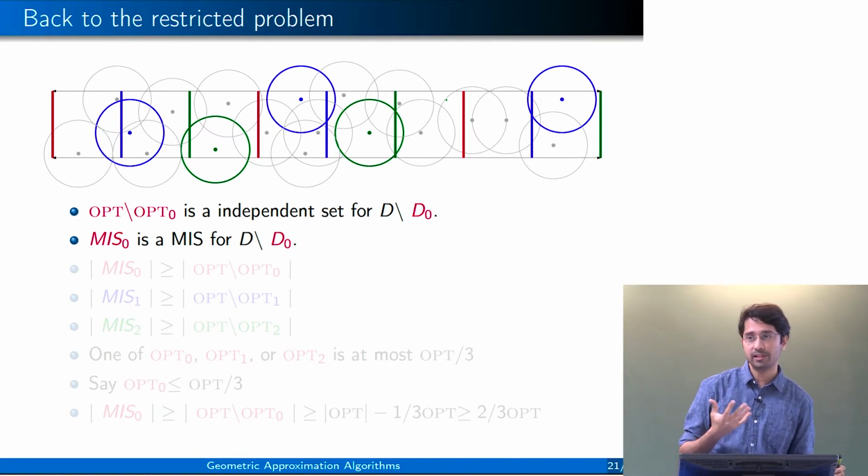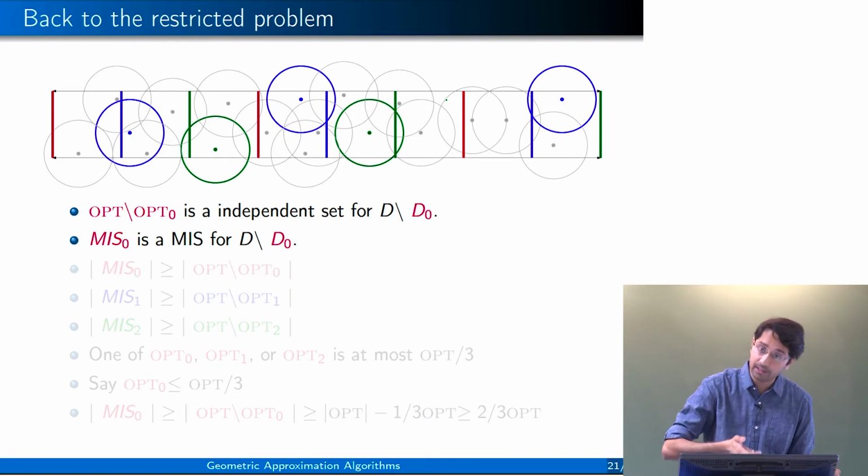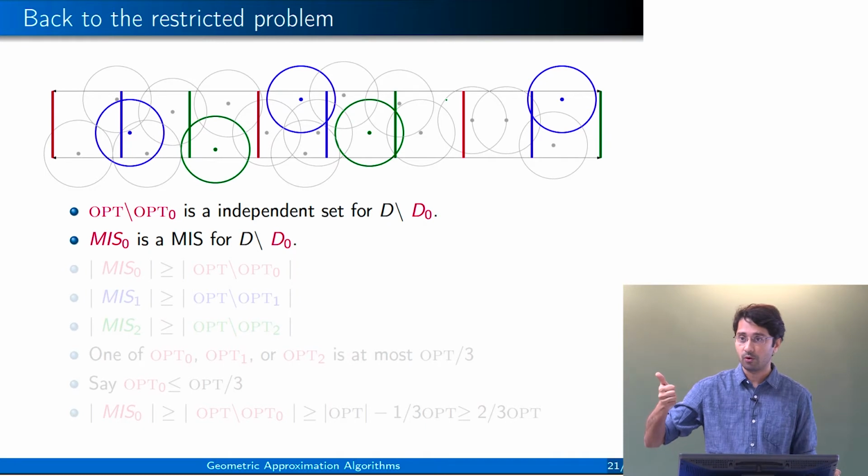What is opt? Opt is an independent set. So, opt minus opt 0 is also an independent set, but this is an independent set for which problem? D minus D 0. This is an independent set for D minus D 0.